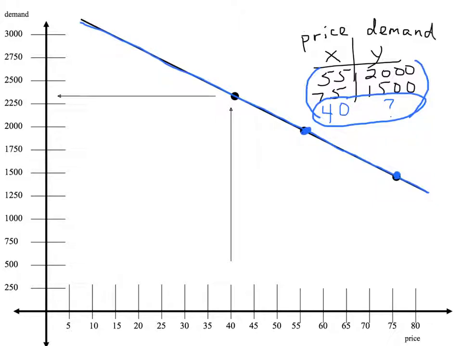Well, you can see right here is the $40 mark. So if I follow that straight up, I'm going to be at this particular point on the line. And if I carry that over to check what the demand is, it looks like the demand is somewhere a little bit higher than 2,250. So I might estimate the demand to be about 2,300 if the price is $40.